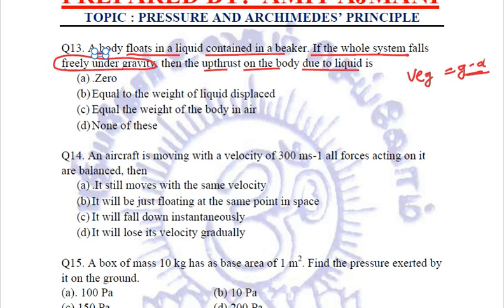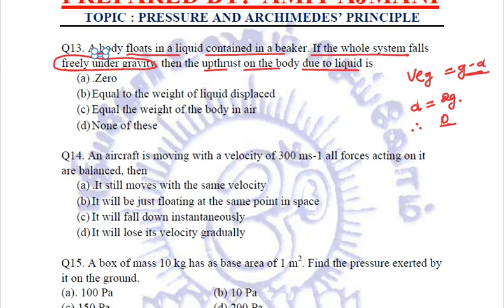But when we talk about free fall, then a will be equal to g, because of which the upthrust will become 0. So if a body is floating in a liquid contained in a beaker, the liquid would have been exerting some upthrust.